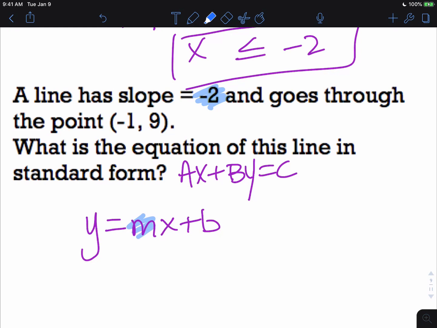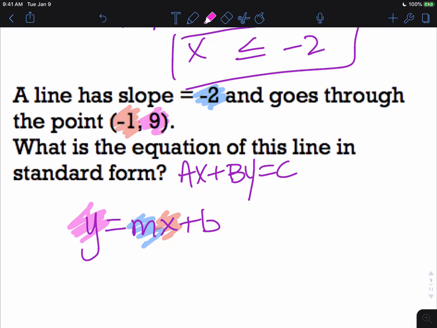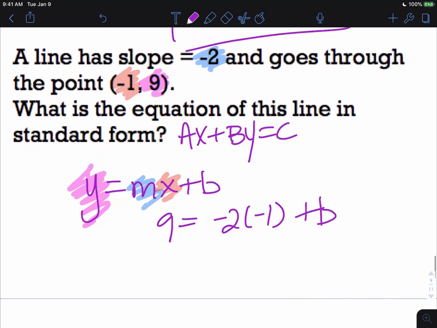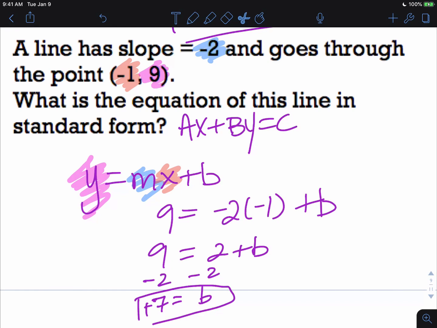I have an m, I have an x, I have a y, but I do not know what b is. So let's solve for it. 9 equals negative 2 times negative 1 plus b. So b is equal to positive 7.